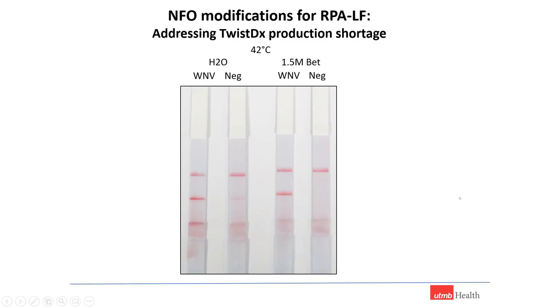With the addition of betaine, we were able to have a clean reaction at 42 degrees Celsius for the West Nile. I'm in the process of ordering more basic kits, so I can test my other assays to make sure that this is a viable option, so that I don't have to start from scratch.